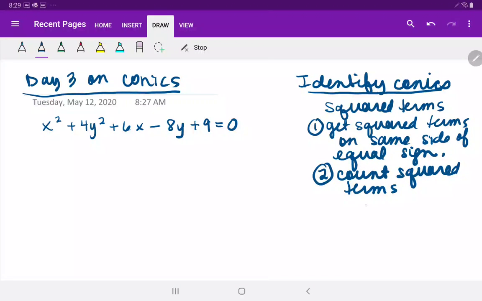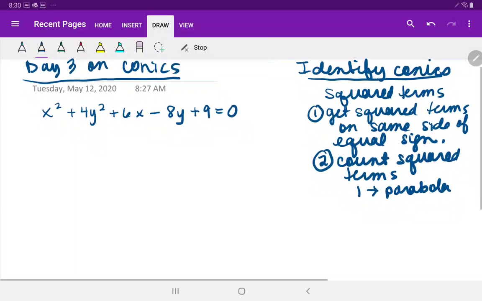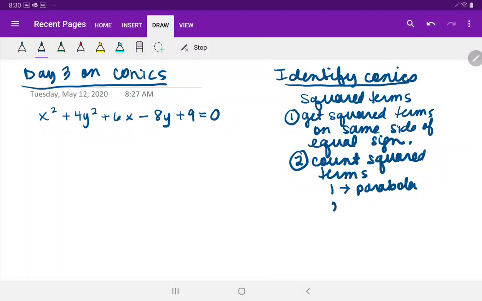So if there's only one squared term, it turns out to be a parabola, which we did, that's back in your chapter 2 notes. If there's 2 squared terms, then there's a couple possibilities, okay? If the 2 squared terms have opposite sign, then it turns out that it's a hyperbola because of the minus.